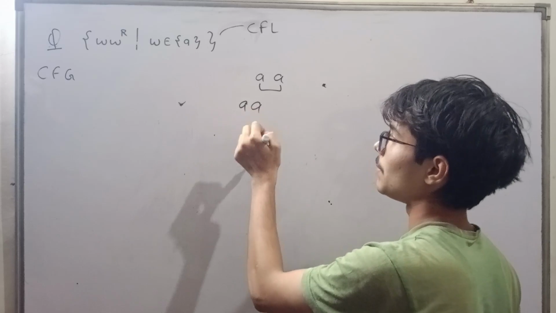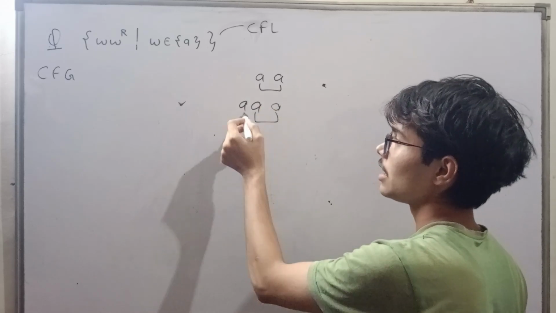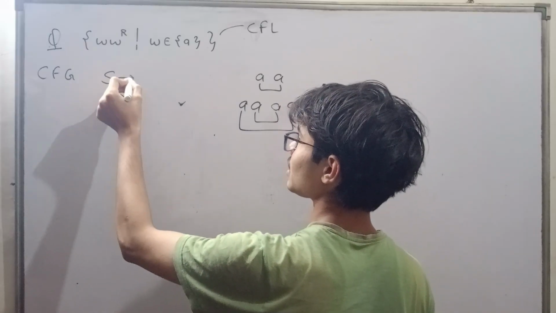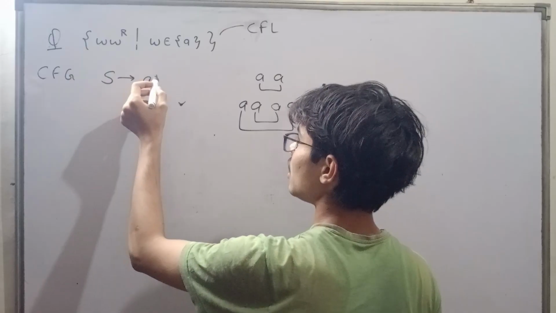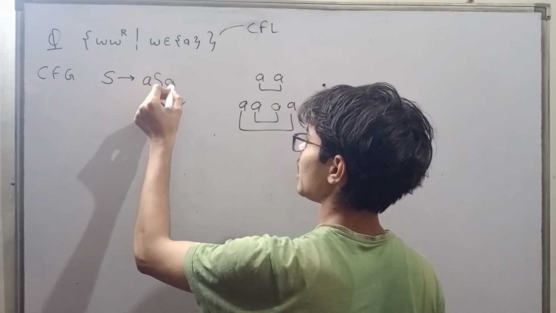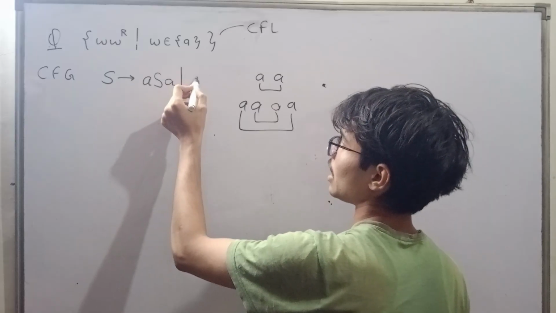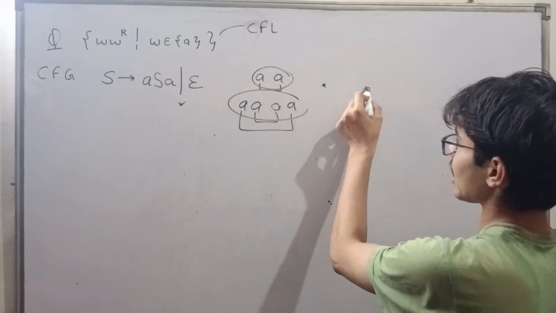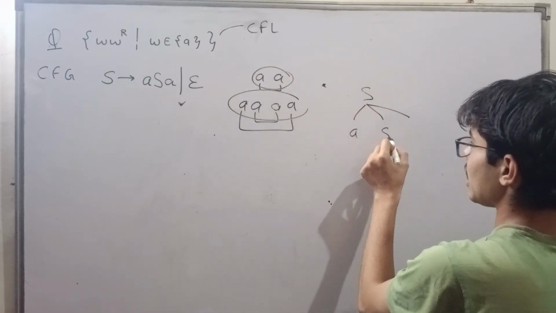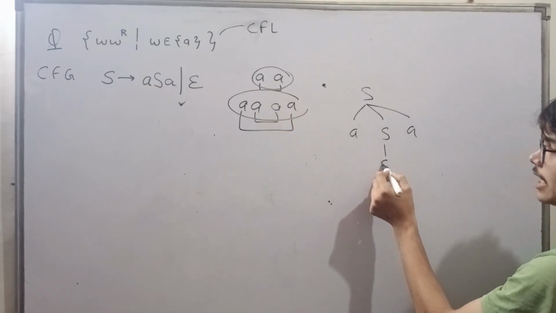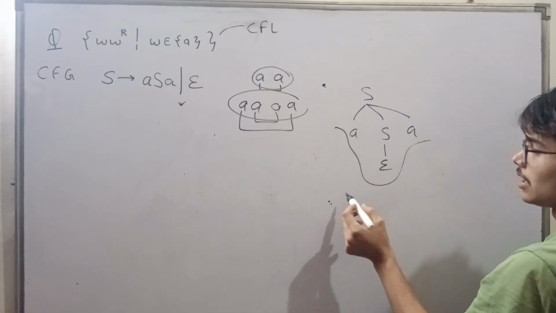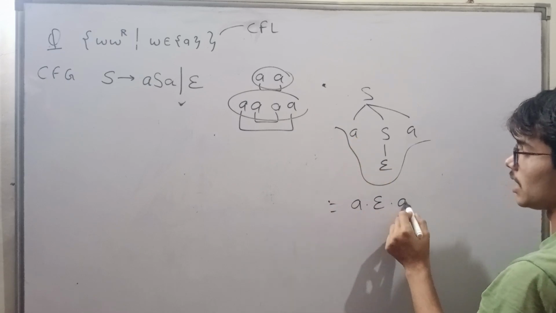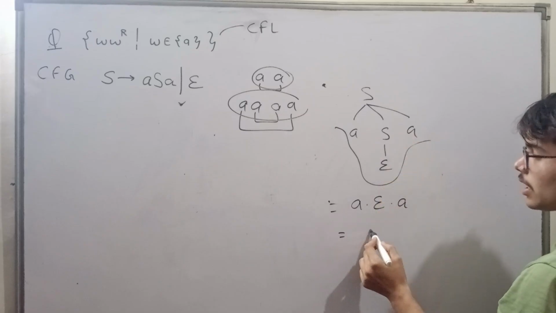So when you write this A, then you have to write this corresponding A. From the start symbol S, whenever you write A, you have to write A again, and in the place of S, at the last you write epsilon. So S goes to A S A, and you can derive this by taking epsilon. Just read this from left to right: A epsilon A, multiplied, equals AA.